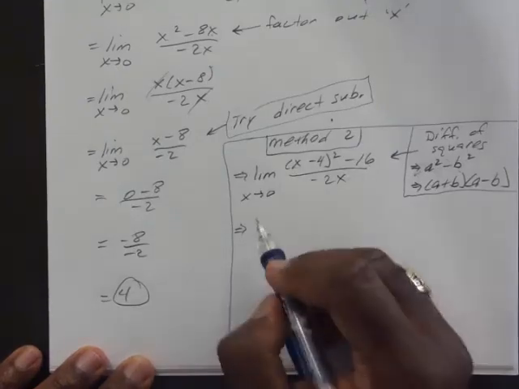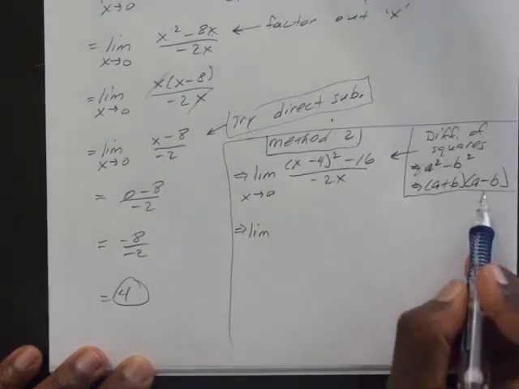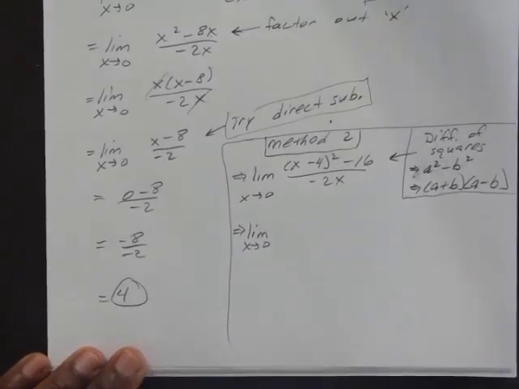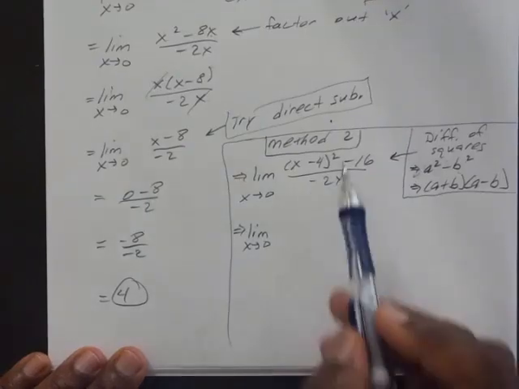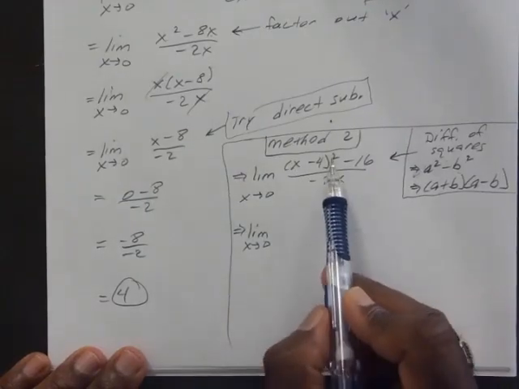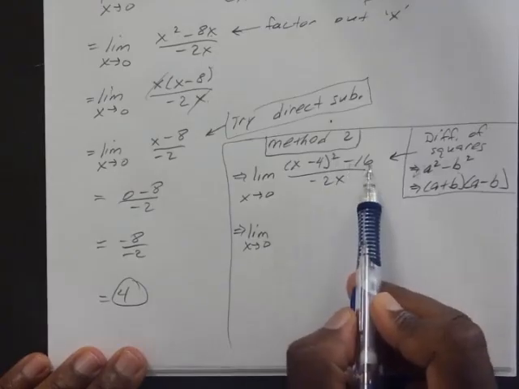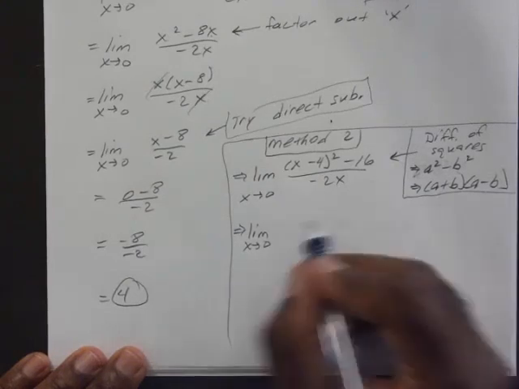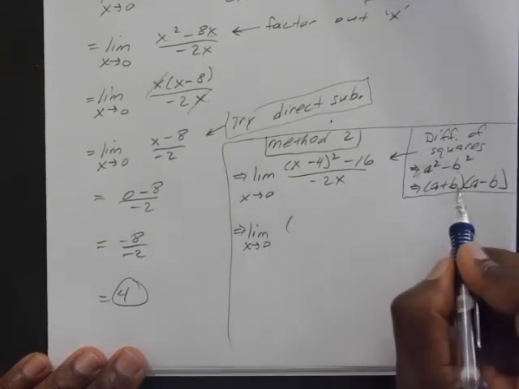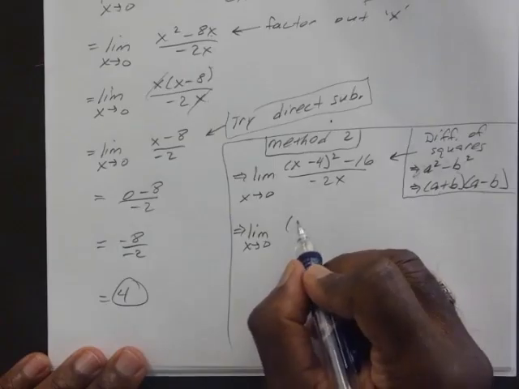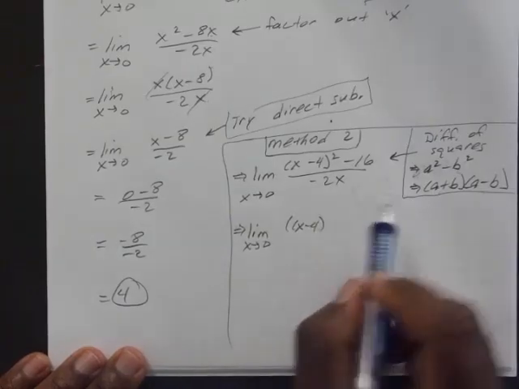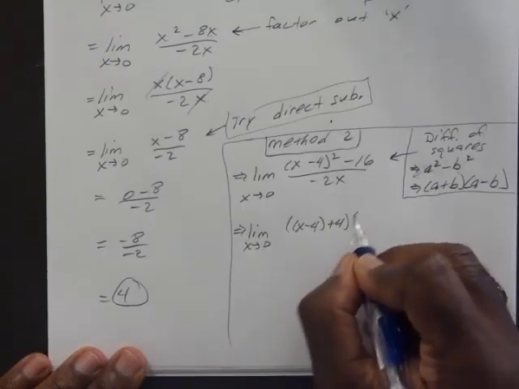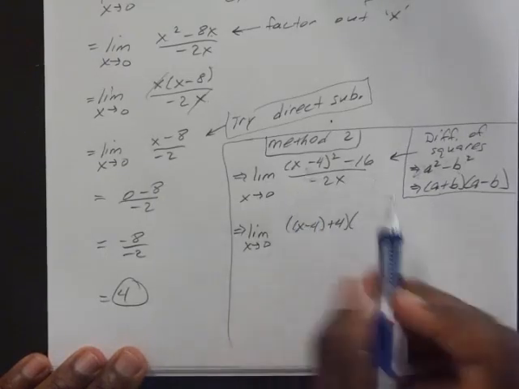Okay, so we can get that entire numerator and factor it using difference of squares. So that gives us (x minus 4) squared minus 4 squared. So that gives us a plus b. So that's (x minus 4 plus 4) times (x minus 4 minus 4).